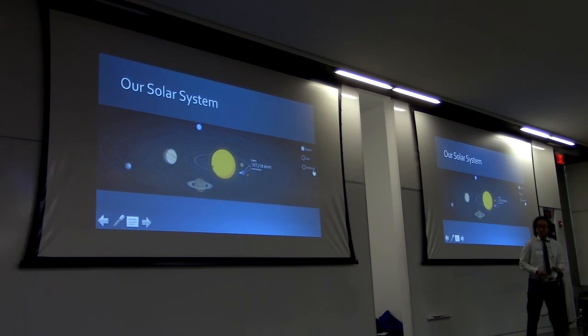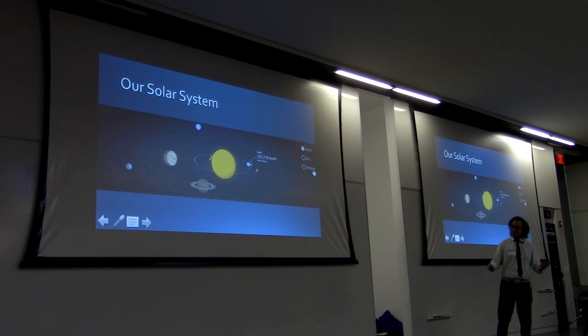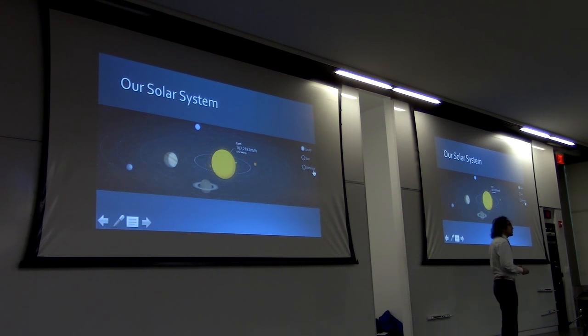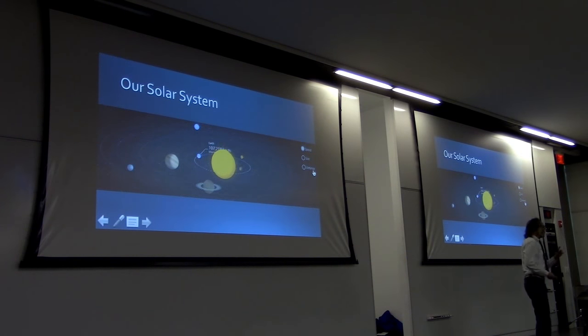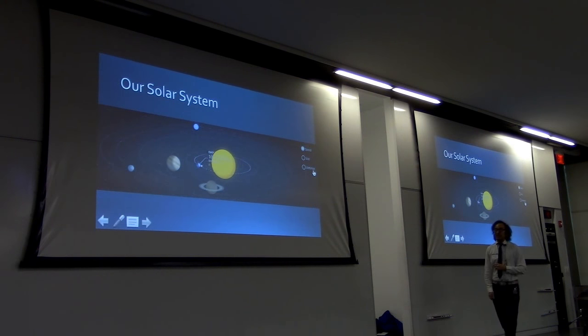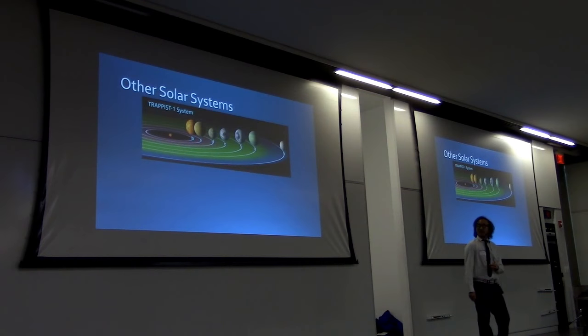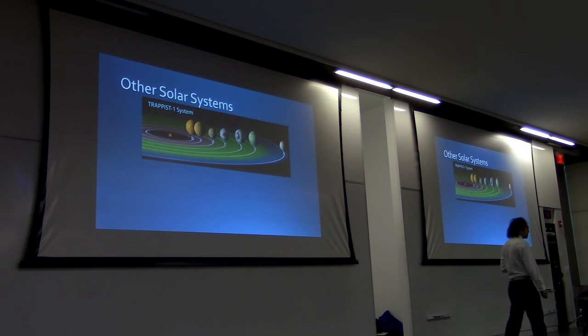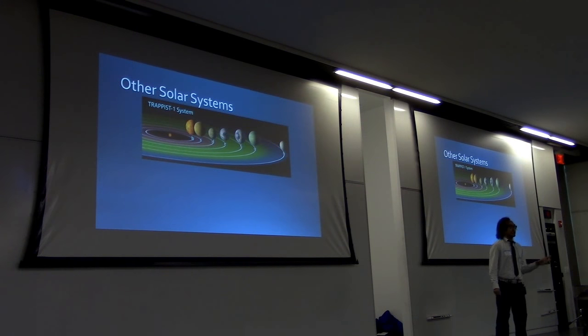The search for answers has just begun in terms of looking at these other newly discovered solar systems. And in fact, one such system I'd like to introduce you to is something called TRAPPIST-1. This is a system of 7 planets orbiting around a central star.